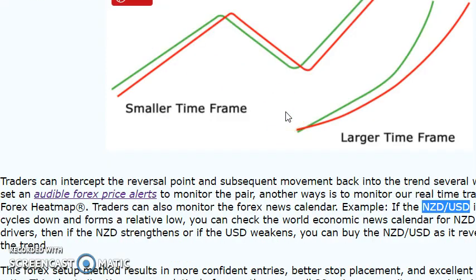So you can look at various New Zealand dollar pairs like the New Zealand yen and the New Zealand Canadian and the pound New Zealand to see if they're all reversing. You can also look to see if the US dollar is weak. So if this is the New Zealand USD building a new trend here, you can look at the Euro USD and the Aussie USD and the pound USD. And if they're all cycling up too, then this is a valid entry using parallel and inverse analysis.